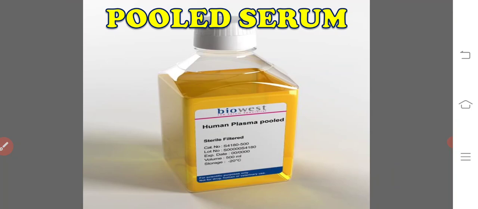Pooled serum is collected from different healthy individuals and pooled, otherwise summed up, so it contains antibodies against all common pathogens prevalent in the region. Human gamma globulin is used for the passive immunization against some viral infections like hepatitis A. Human gamma globulin is also used in the treatment of patients with some immunodeficiencies.